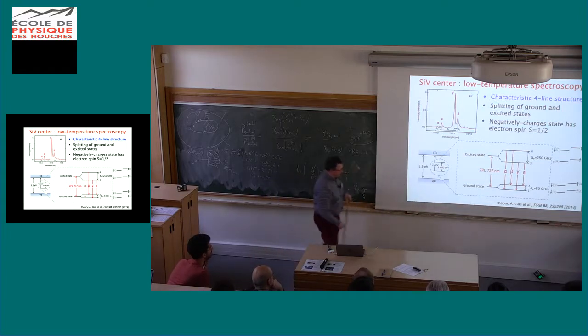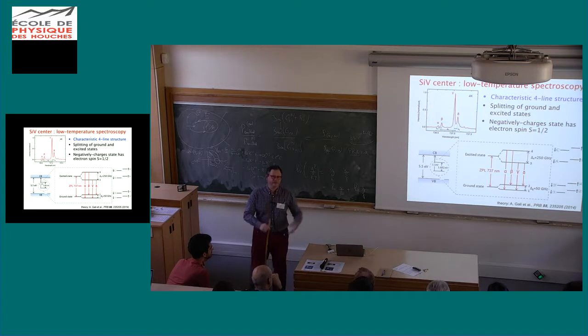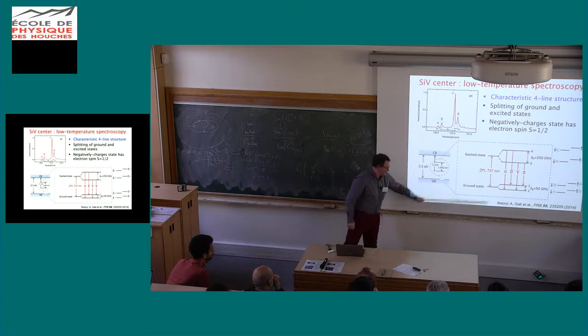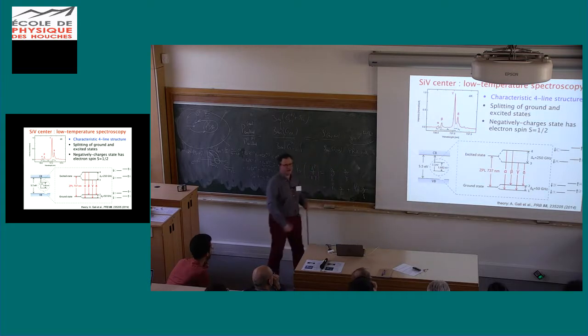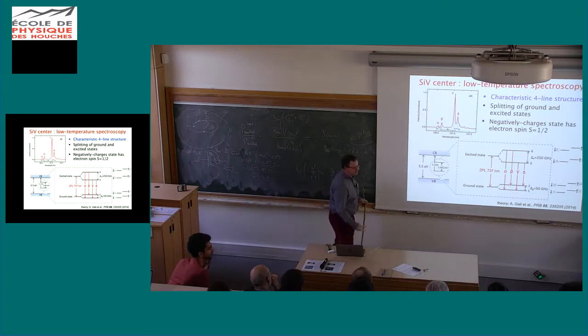And there is a very nice theory paper. There are a lot of theory papers on those defects, but Adam Gali in Budapest has done a lot of work to compute all these structures by different techniques, especially using ab initio calculation.